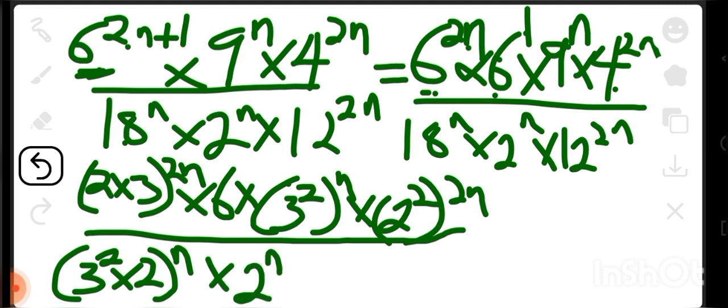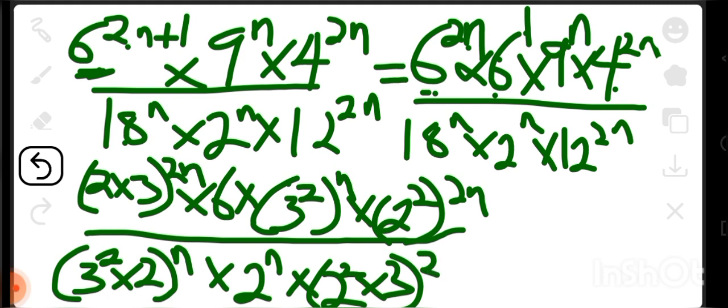That is the lowest term of that. Then 12 can be 4 times 3, which is 2 squared times 3, because 4 is 2 squared, raised to the power 2n as well.